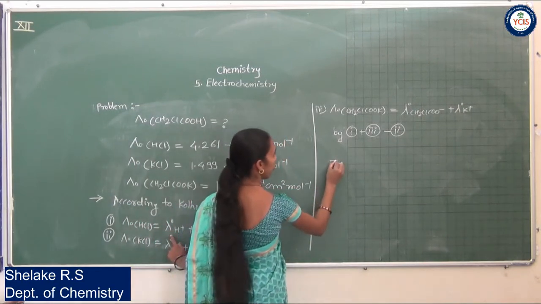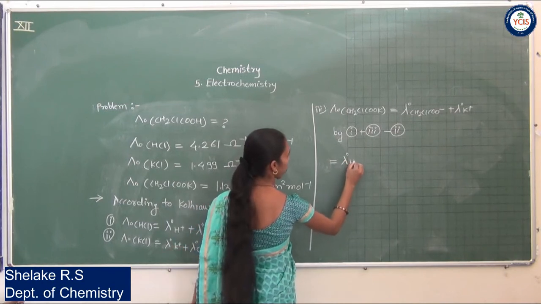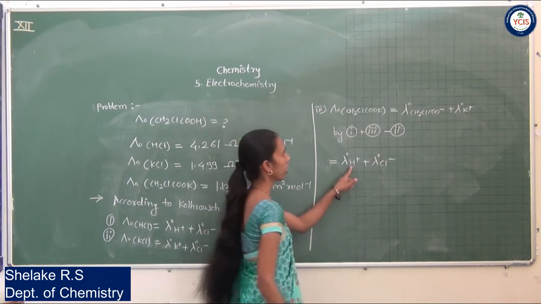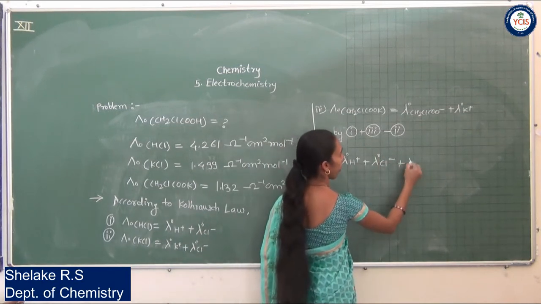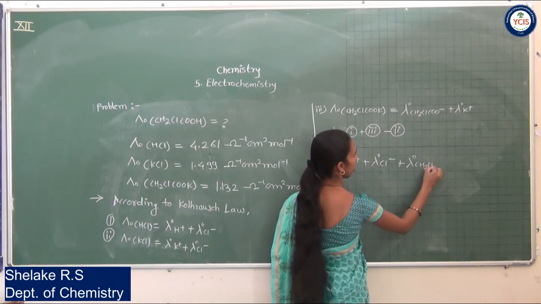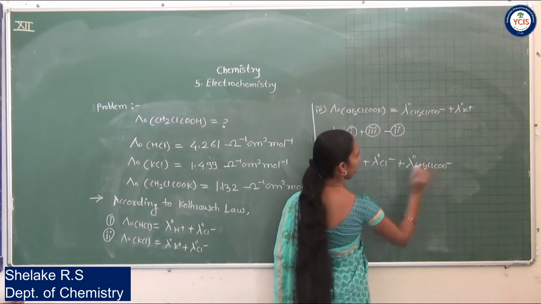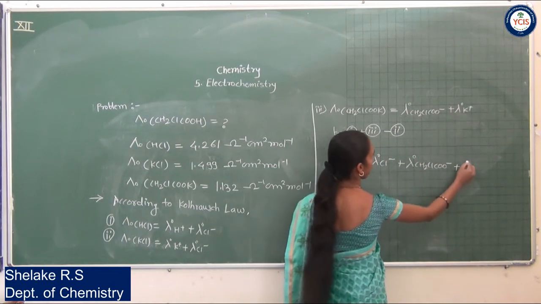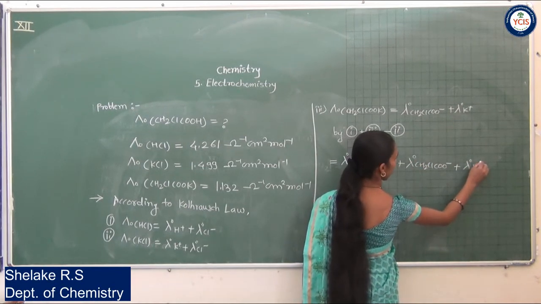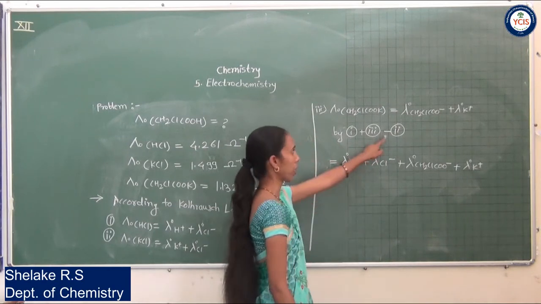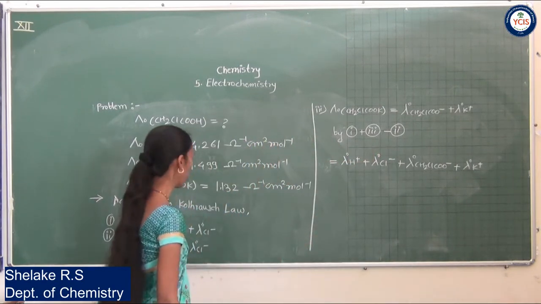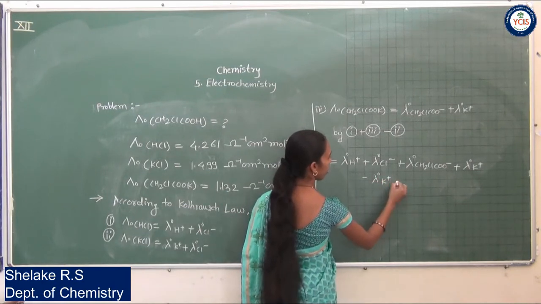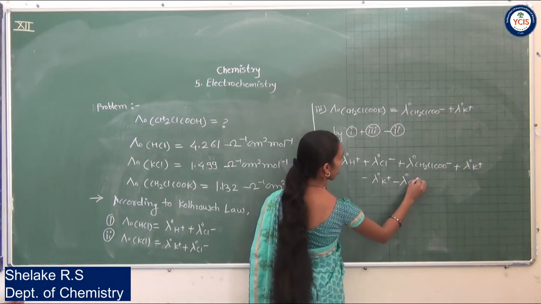here, lambda 0 H plus lambda 0 Cl minus. Equation number 3 is lambda 0 CH2Cl COO minus plus lambda 0 K plus. Okay, and subtracting equation number 2, so minus lambda 0 of K plus minus lambda 0 of Cl minus.